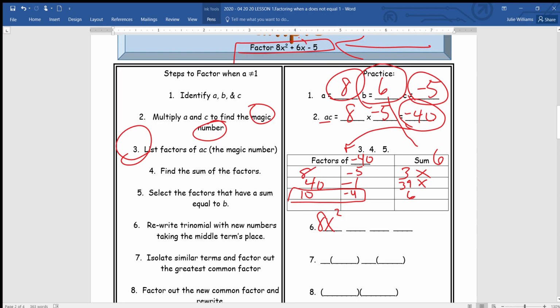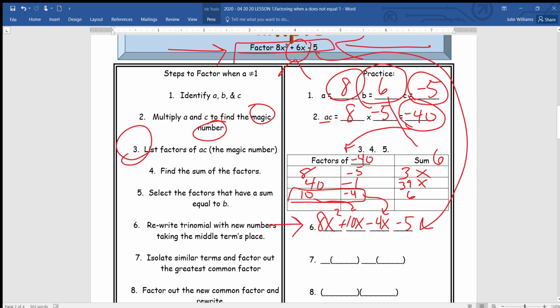Instead of keeping 6x, I'm breaking that into plus 10x and minus 4x. And then I'm bringing down my negative 5. So this expression is equivalent to this one. I've just split apart my b.